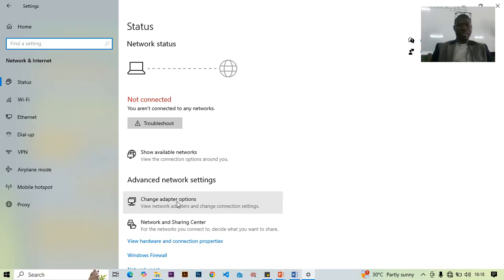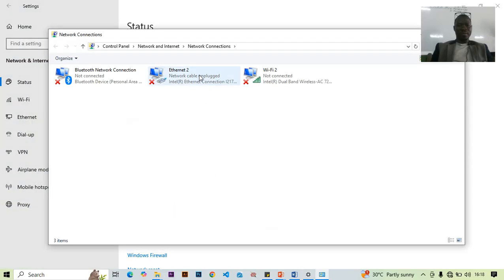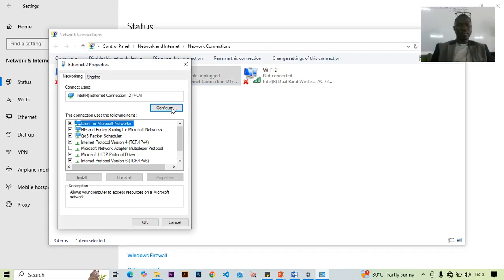I come to my change adapter options, right here. If I come to my maybe Ethernet 2 here, I can double click on it, and then under IP version 4, since we're working on IP version 4, you can double click on it, or you can just say properties, and then it will take you to your IP version 4 network settings.